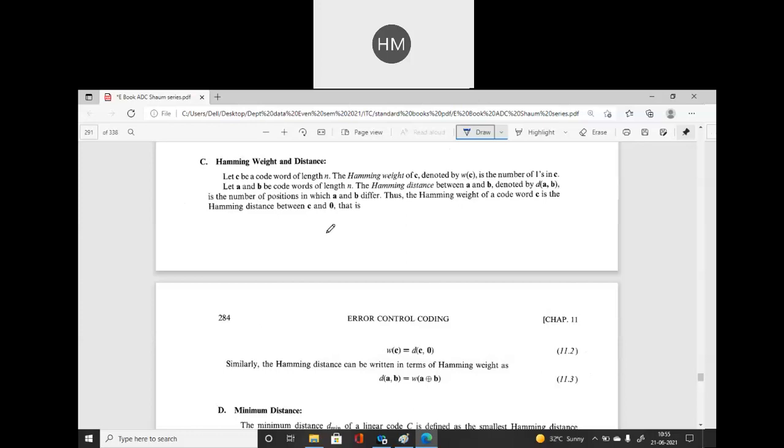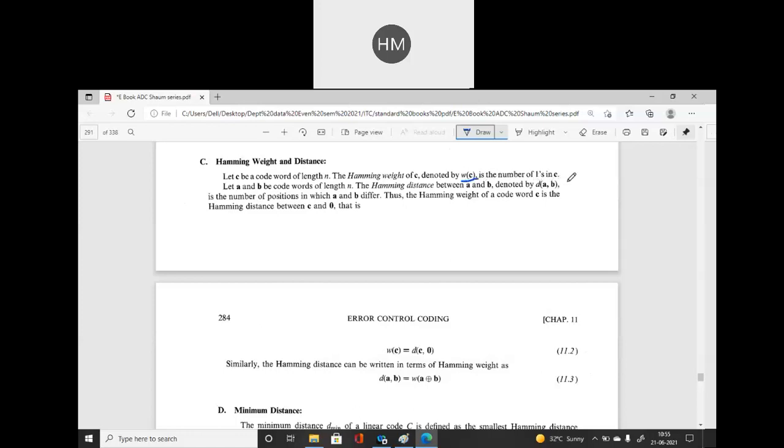Yes, students, finish writing this down. What is Hamming weight and Hamming distance? Okay? Let C be a code of length n. The Hamming weight of C is denoted by W(C). It is a weight. Weight is denoted by W(C). This is my Hamming weight: the number of ones in a code word.